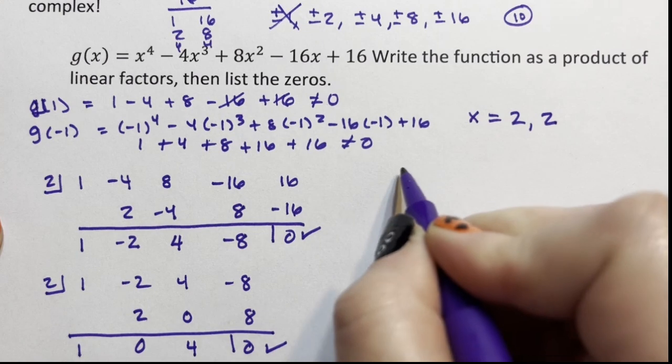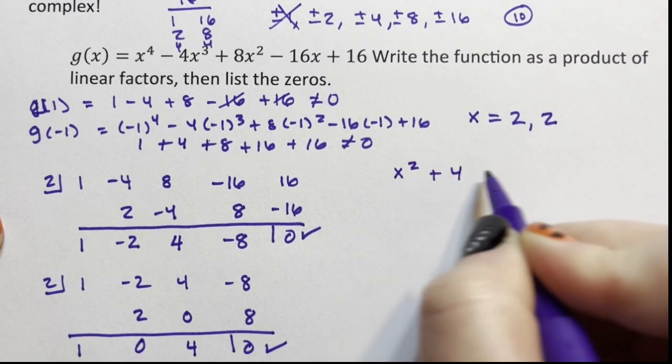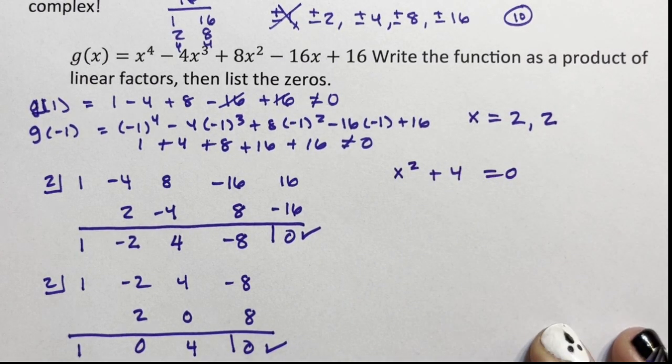And now we have x squared plus 4 equals 0. And once I get to a quadratic, x squared, I am not using synthetic division. I am just factoring or solving directly, because for quadratics we have a million ways to solve: the quadratic formula, factoring. There's no reason to use any of the practices of higher order polynomials, just solve it directly.